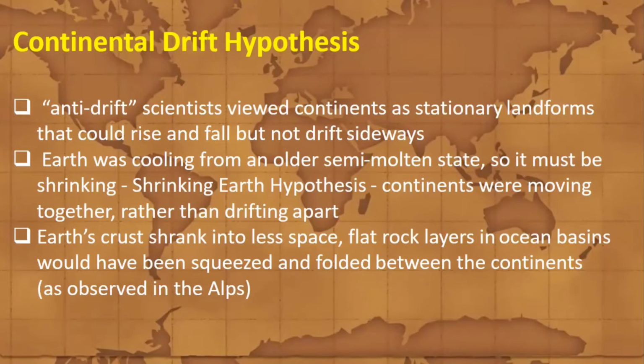In this hypothesis, continents were moving together rather than drifting apart. Some believe that Earth's crust shrunk into less space. Flat rock layers in ocean basins would have been squeezed and folded between the continents, as observed in the Alps.